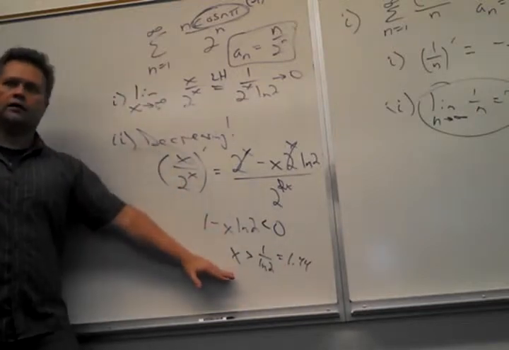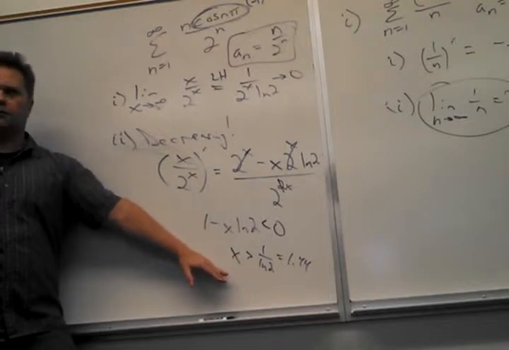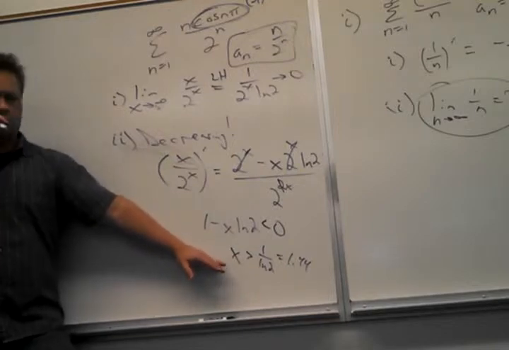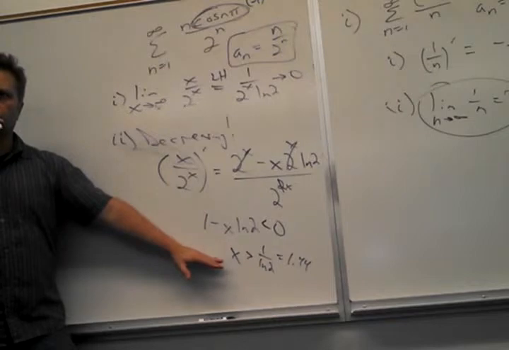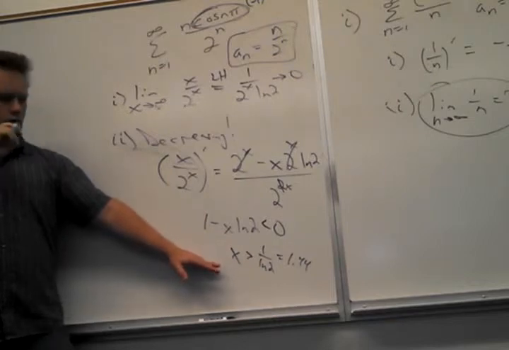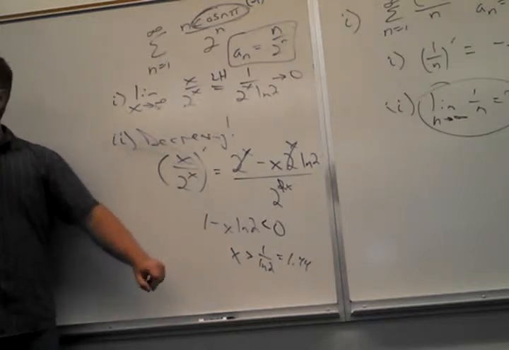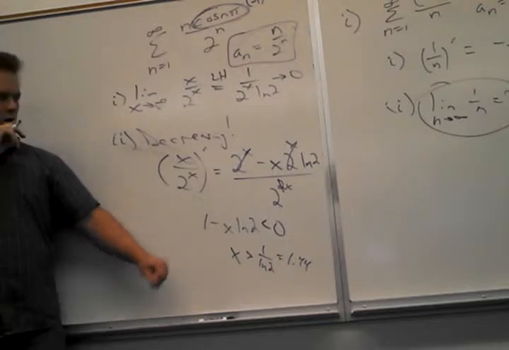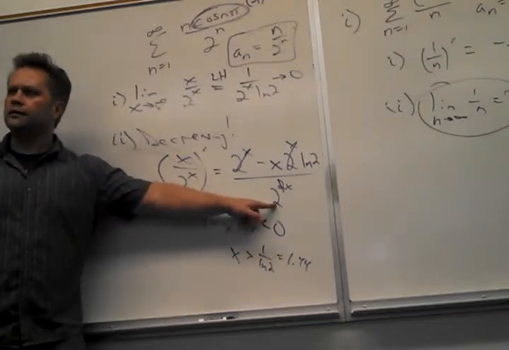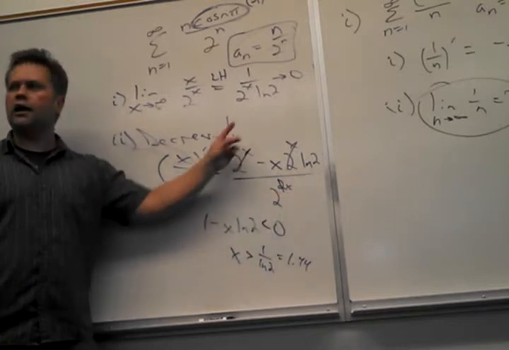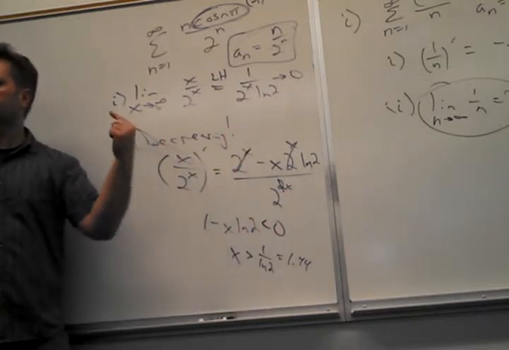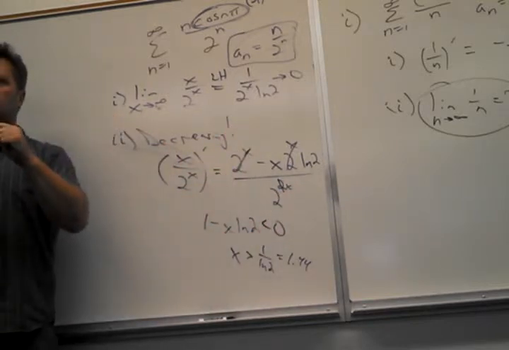That is very much like the problem I gave you, number 6 I think it was on the last test. The bottom is always positive, so the only way to make this fraction negative is to make the top negative. Cool, I like it.